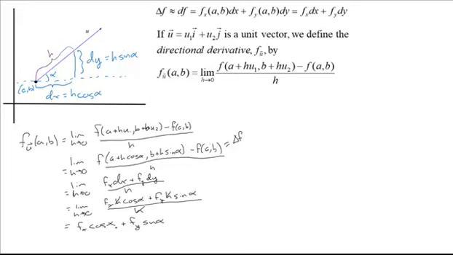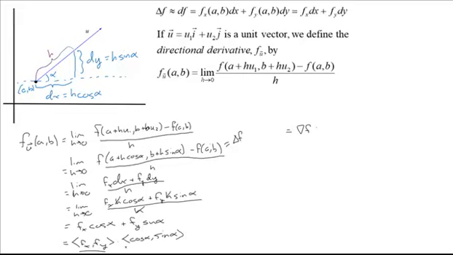What we're going to do is split this into two vectors, which are dotted together. The first vector is made up of our partials, f sub x, f sub y, and this is dotted with a vector that is cosine alpha, sine alpha. And notice what we got here. This first part is our gradient.